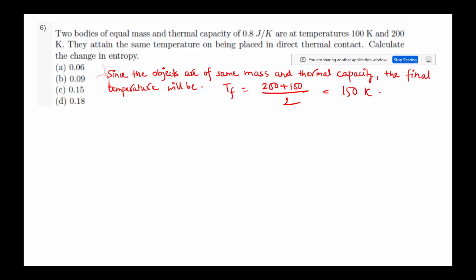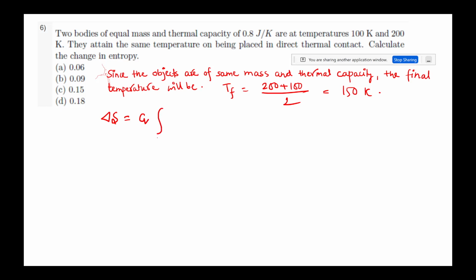Now we have to calculate the change in entropy. Now what is the change in entropy, delta S? Of the same heat capacity, this is CV.